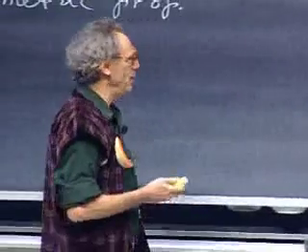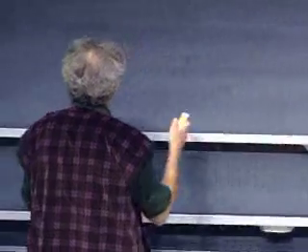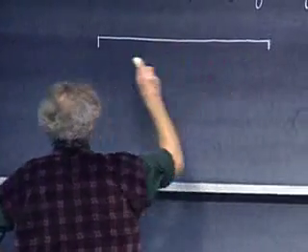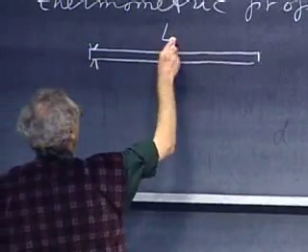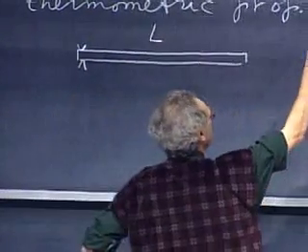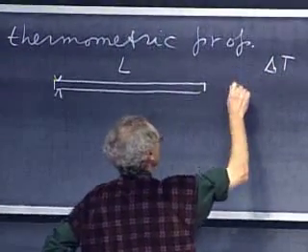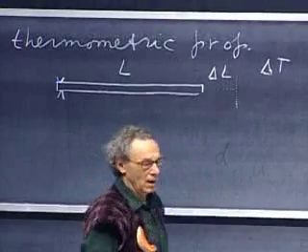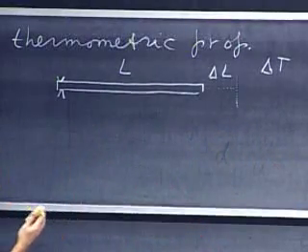And so you can define a temperature scale by looking at the length of an object. For instance, here is a bar of some material. I clamp it in here. It has length L. And I increase the temperature by an amount delta T, and it gets longer by a certain amount delta L. I could put the whole thing in melting ice.